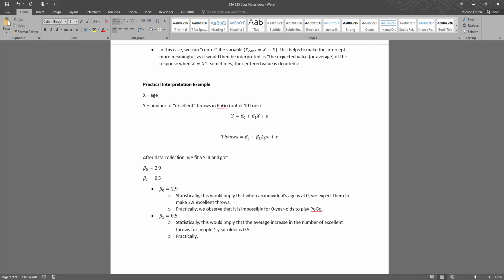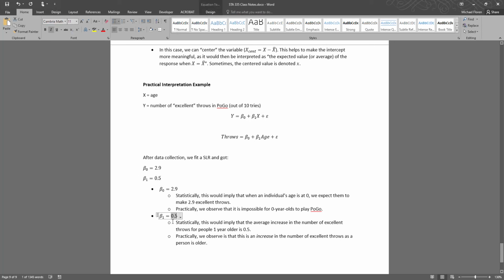But let's take out some of the key pieces here. First of all, one of the things that I note is that this is an increase in the number of excellent throws as a person is a little older. So if you get older, you're going to increase in the number of excellent throws. Now, just like with our slope, if we increase 1 year, we increase by 0.5 excellent throws.